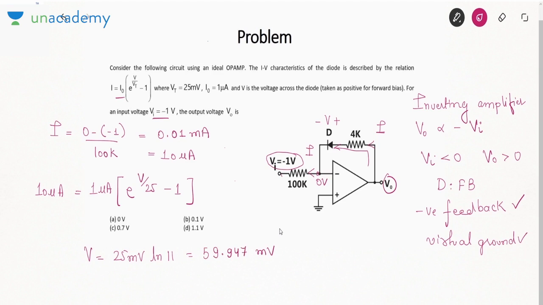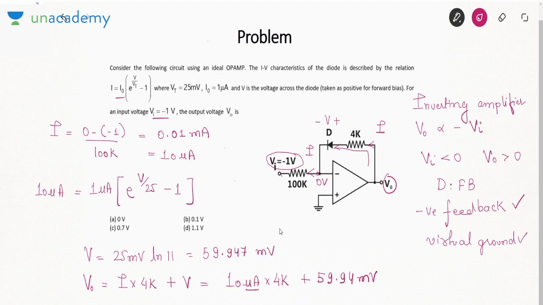Now what about V0? If you apply KVL, you will say V0 is I into 4K plus V. I is 10 microampere into 4 kilo ohm plus 59.947.